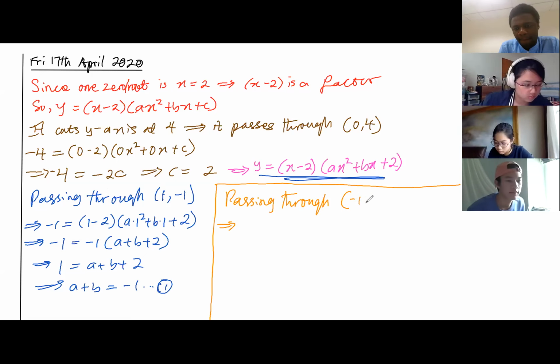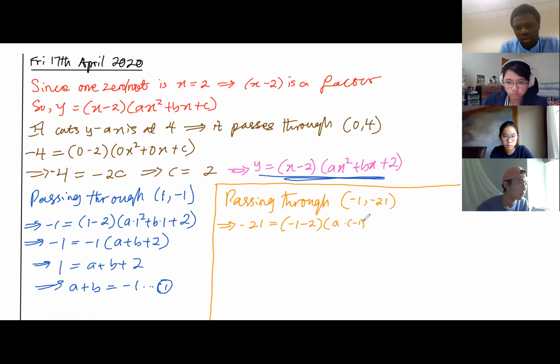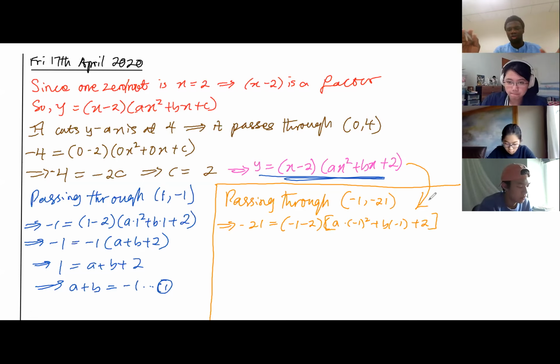Minus 1 and minus 21. Okay. So now we have minus 21 equals, x is now minus 1, so you have minus 1 minus 2. Then you have a times minus 1 squared, so I can use a square bracket here, b times minus 1, then you have 2. Remember, we are still using this because we've been able to reduce what we have after getting c, right?